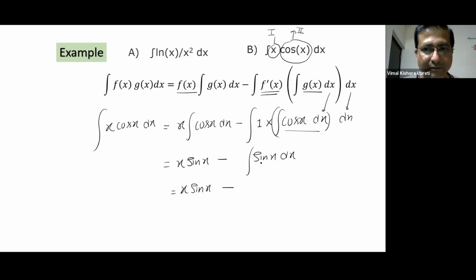Look at the second term, you can easily simplify it. So the answer is x sin x plus cos x plus c.